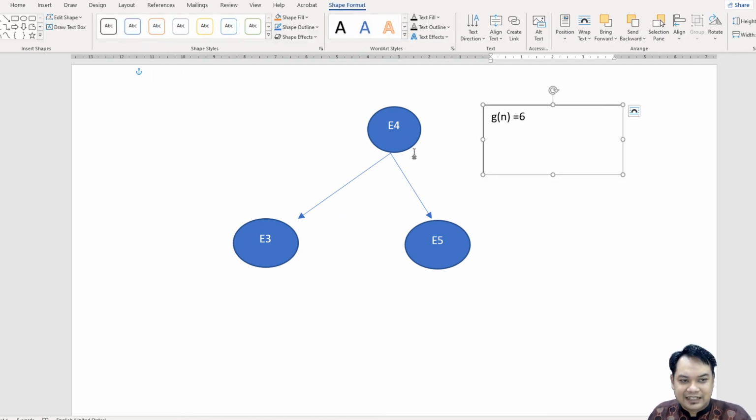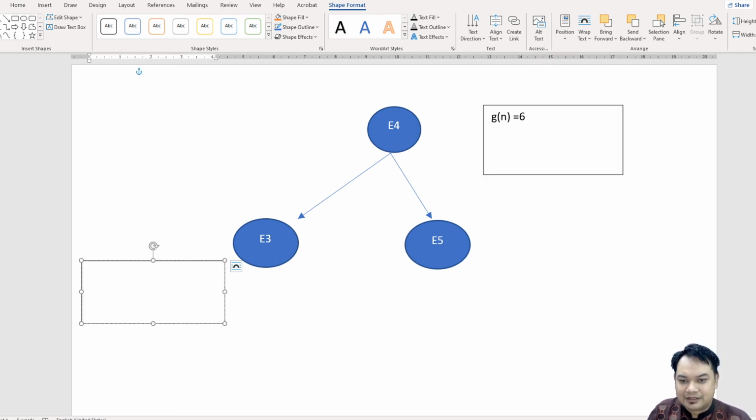So kita nak calculate the cost, the actual cost. So the actual cost for this would be F E3 equals to G E3 plus H E3. So we have this 6 plus 0 equals to 6.